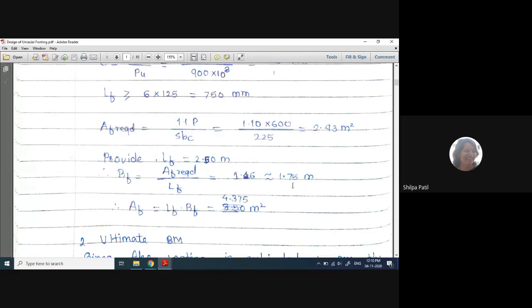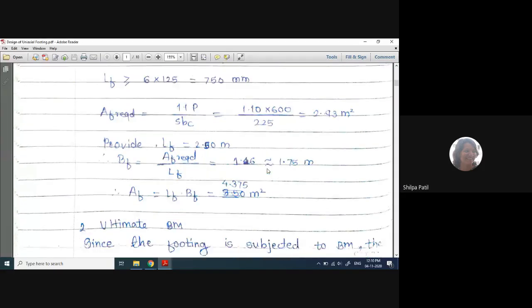It is rounded off to 1.75, and for that value find out LF. This becomes a little bit of a logical assumption; it gives some logic for your assumed value. So the LF provided is 2.5 meter and BF is 1.75. So the provided area is coming as 4.375 meters square. This is the area of the footing.